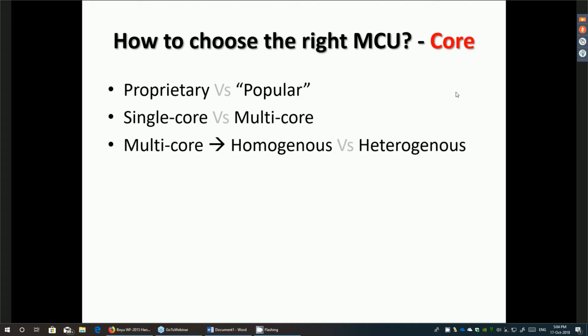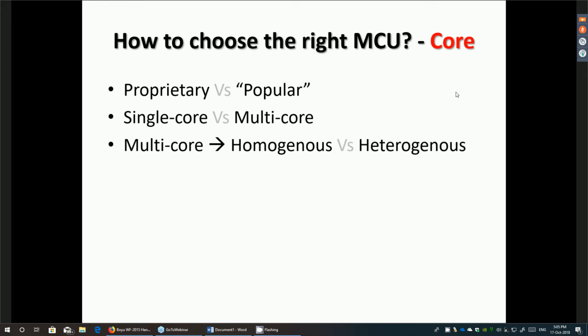So that's the first decision you have to make. Do I want to choose an ARM core device, or do I want to choose a microcontroller with a proprietary core that is tied to a particular company? And there are pros and cons with each approach, but we won't go into that. And the next decision we have to make is a single core or a multi-core device.